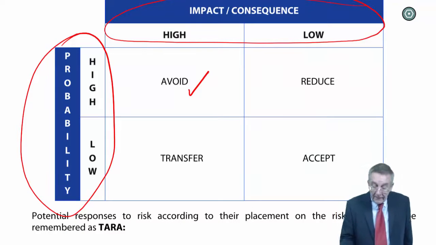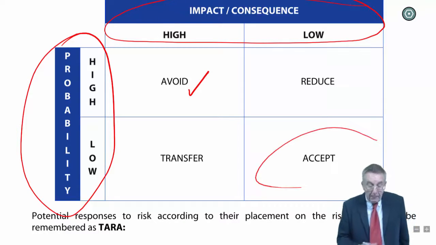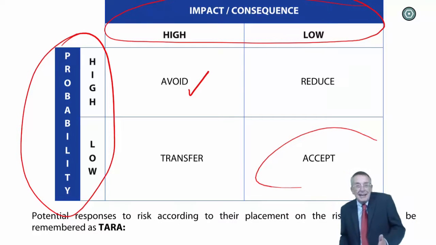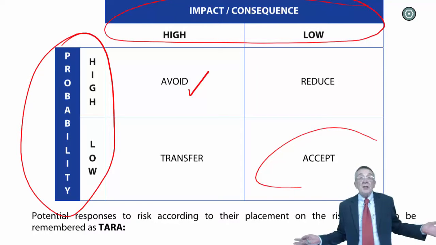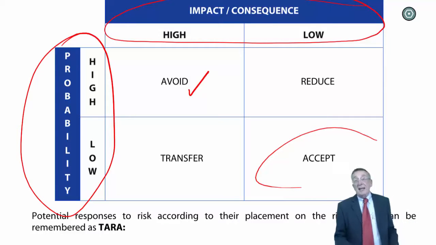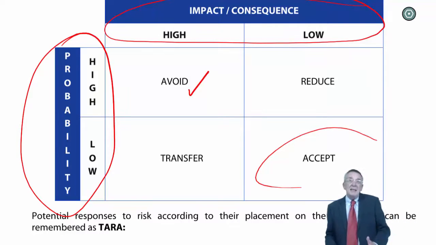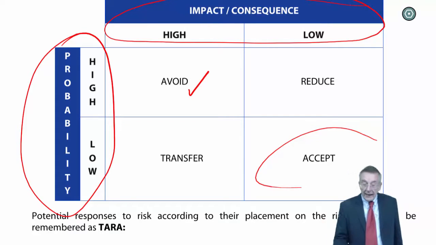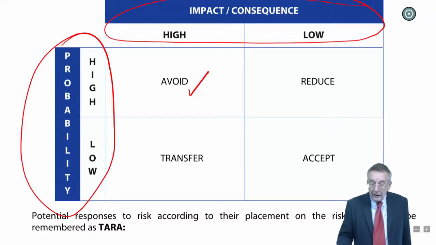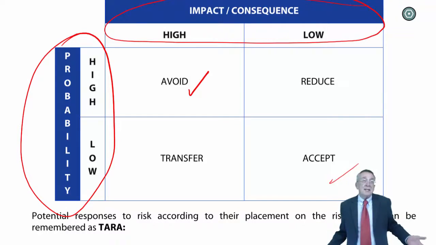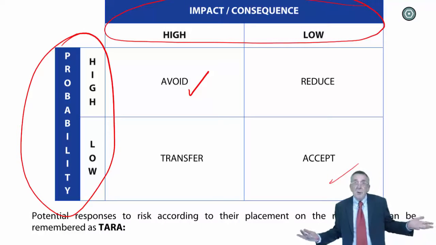At the other extreme, if it's low probability, it's not likely to happen, and even if it did, the consequences are low. Perhaps certain employees are very unlikely to make an error, they very rarely do, and even if they did, it's not going to be too big a problem to sort out. Well, in that case, we may not bother wasting time taking action. We may just decide to accept the risk and too bad.